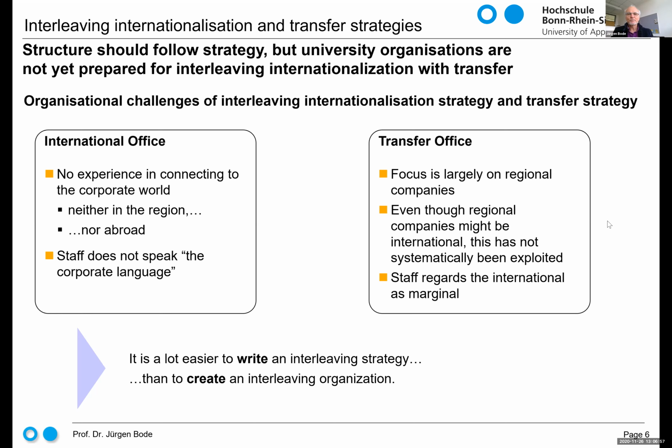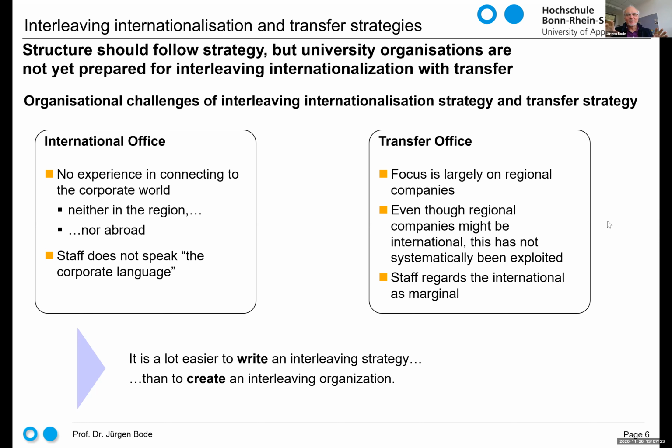And that person could either work in the transfer office or in the international office and deal with this overlap of society and internationalization. And you would pay for the therapy sessions for this person to deal with the conflicting loyalties.